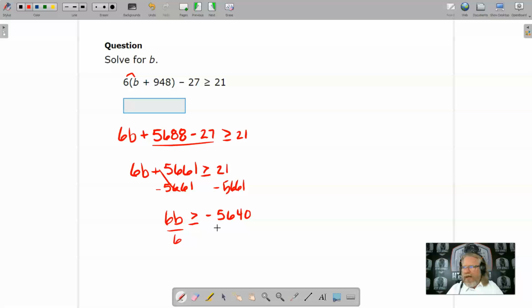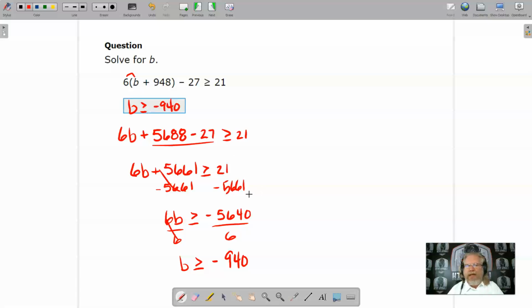Now I can divide both sides by 6, right? The 6s cancel each other, I end up with b. And I've already got my negative 5,640 in there. I just need to hit divided by 6, and I get a negative 940. So b is greater than or equal to negative 940.